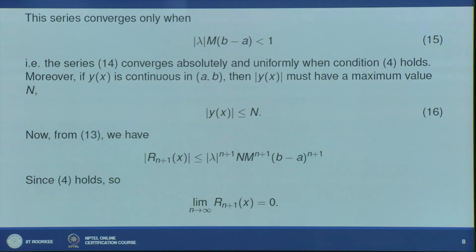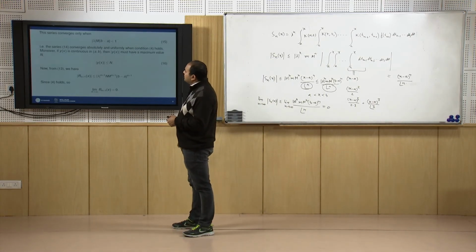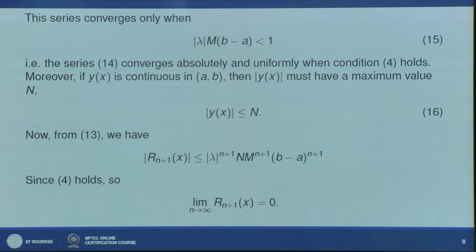Now if you look at the remainder term, you can again use the same theory available here. If we say that the solution is given by the previous series, again this convergence is absolute and uniform. So the solution y(x) is going to be continuous in this interval [a,b], and we assume that the solution y(x) is bounded by capital N, and in the same way we can find the bound of this.